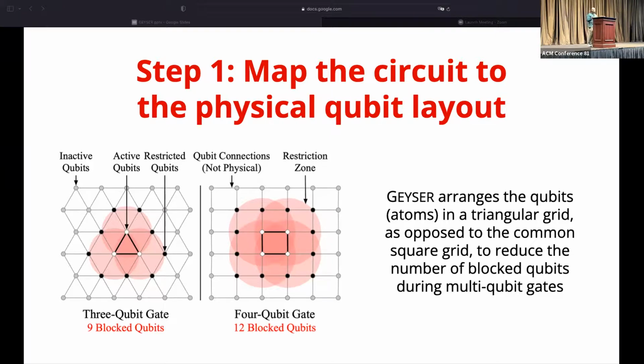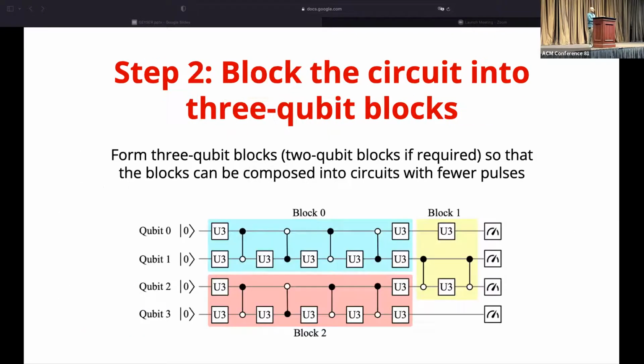So empirically, we found that it was better to use a triangular grid, even though the square grid gives us the option to do larger gates. The triangular grid has fewer blockades and it enables us to parallelize more.